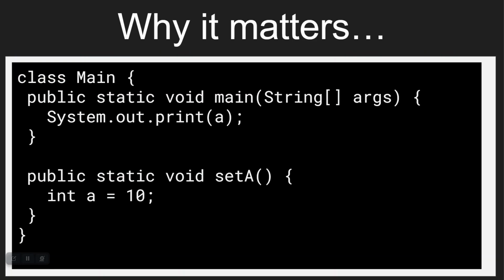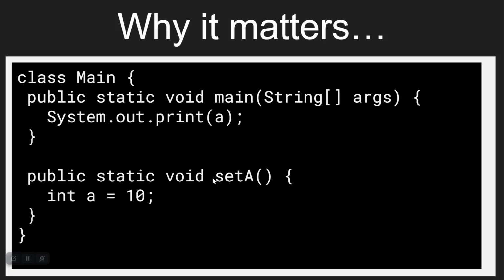So you don't want to end up in a situation like this, where you're going to end up with an error. We've got, down here, a static method that sets this new variable a to be 10, int a equals 10. Up here in a completely different method, in the main method, you're trying to print it.